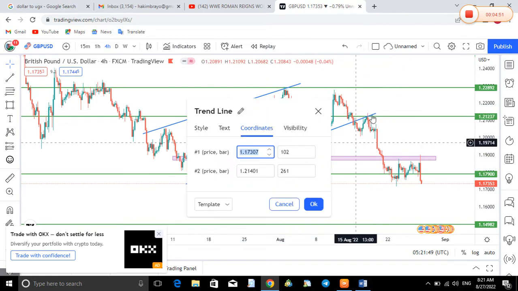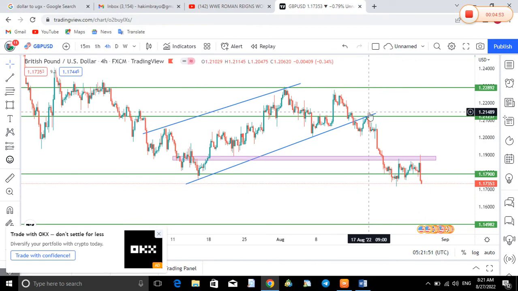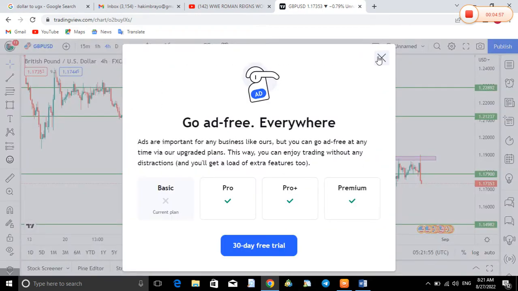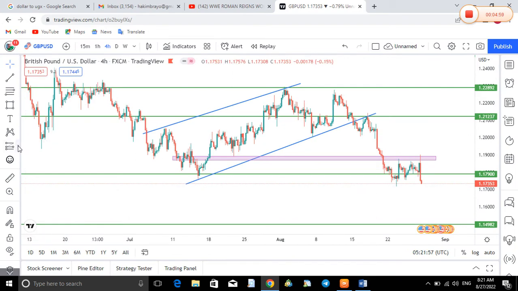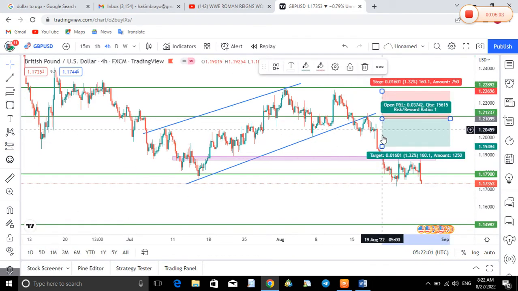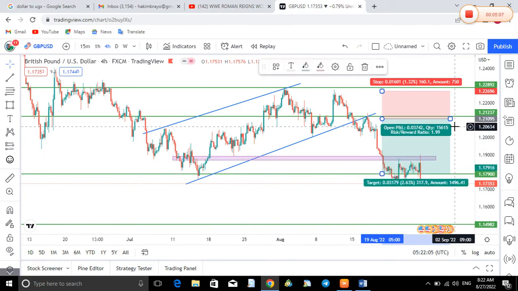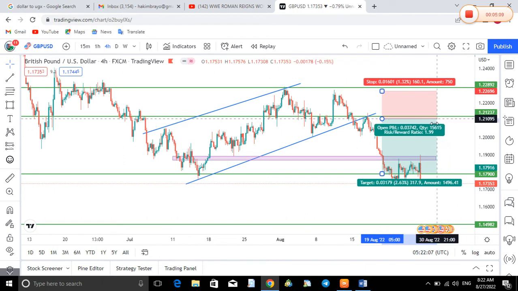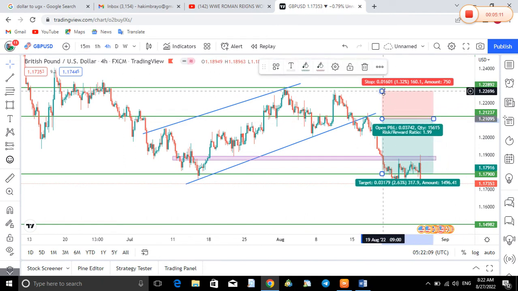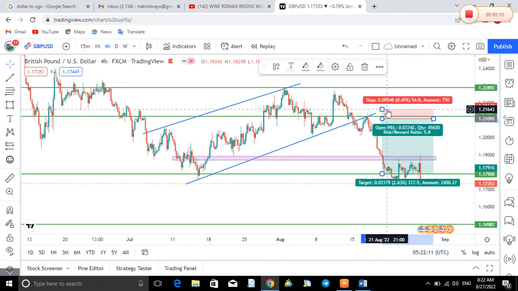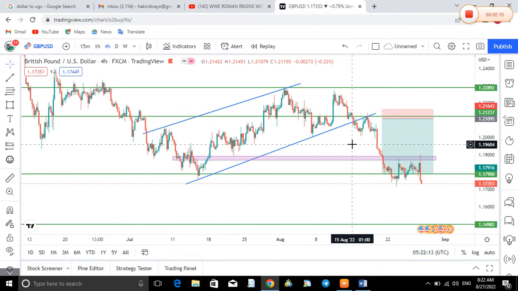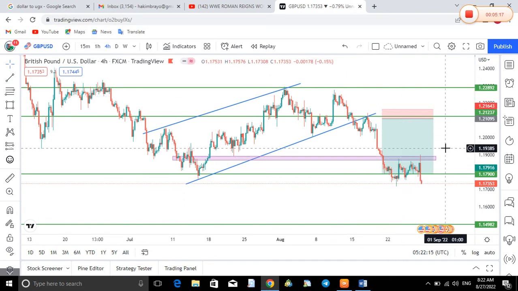After the breakout there was a retest. After the retest, the price dropped all the way from the upside to the downside. You get it? From the upside to the downside. So this was our target.